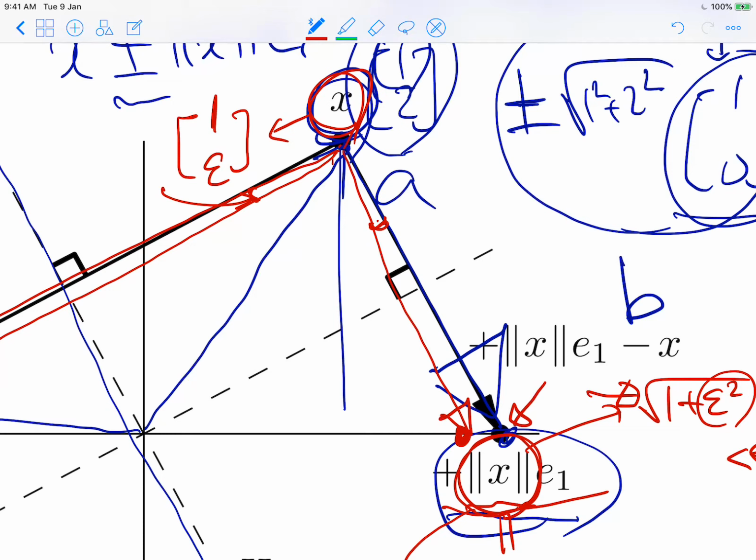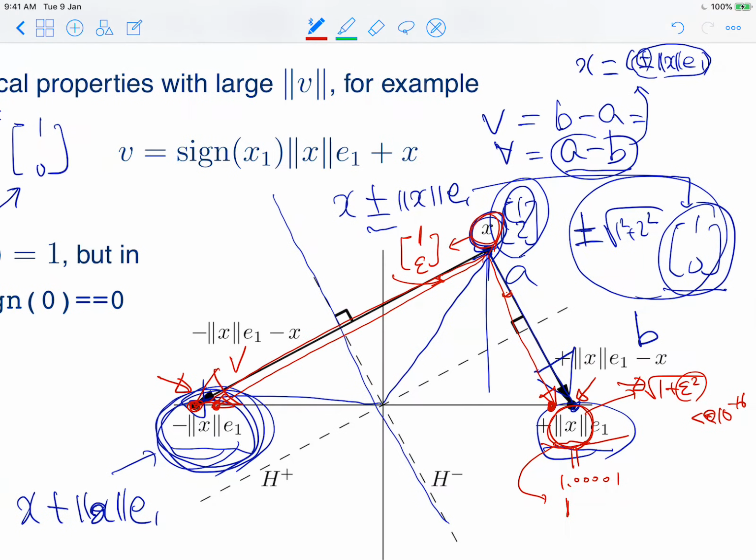So that's the idea of changing the sign. Okay, so in that case, the length difference is not that much, so likely the introduced error might be relatively small, smaller than in this case. Okay, so this is the main idea.